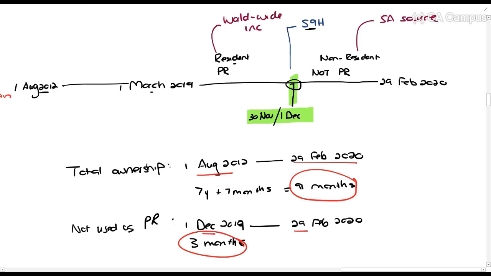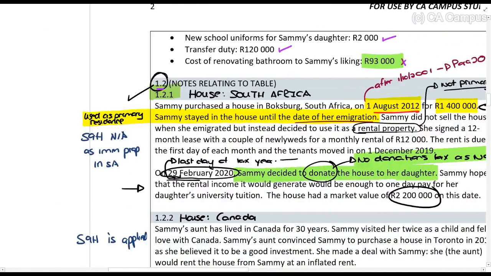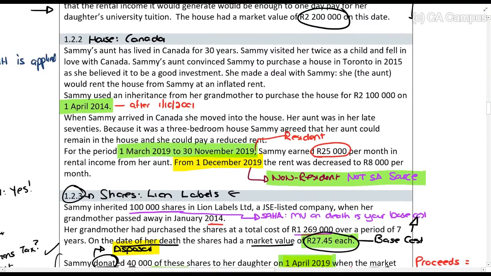Right. So that is 1.2.1 done. Then we have 1.2.2. So this is the house in Canada. So what basically happens with the house in Canada, guys? What happens is she gets rentals from her aunt for the period that she was a resident.